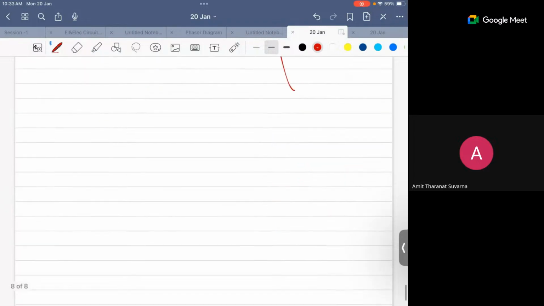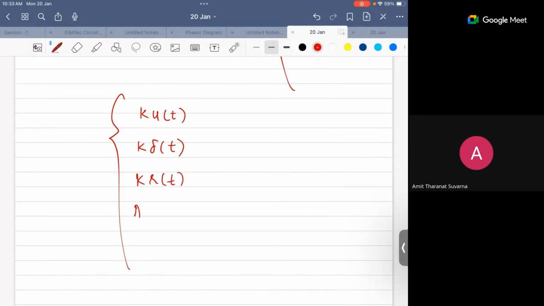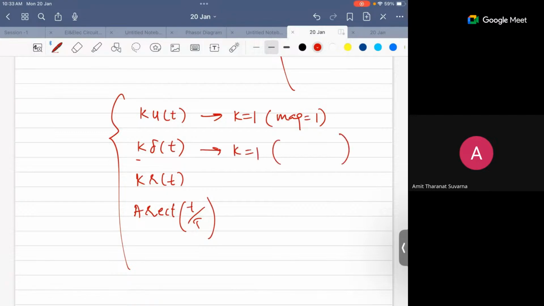Till now what have we discussed? We have discussed k of u(t), the unit step function, then delta, then the ramp function, and then the rect function. When k was 1, the magnitude of 1, you have the unit step function.